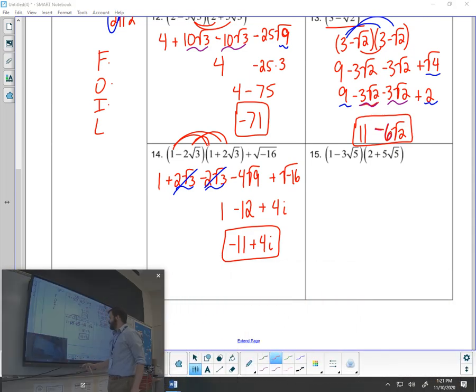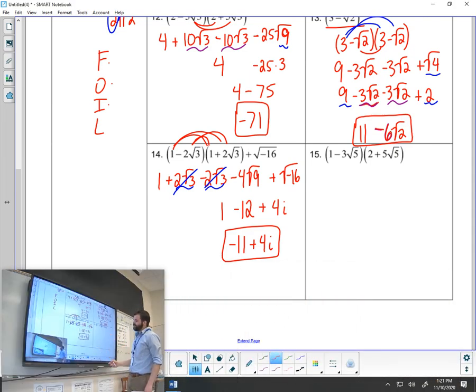All right. Well, now let's try number 15. So number 15, once again, we're just going to multiply this out, okay? So we're going to go 1 times 2 is 2. 1 times 5 square roots of 5 is 5 square roots of 5. Negative 3 square roots of 5 times 2 is negative 6 square roots of 5.